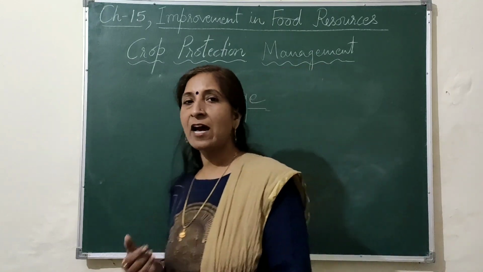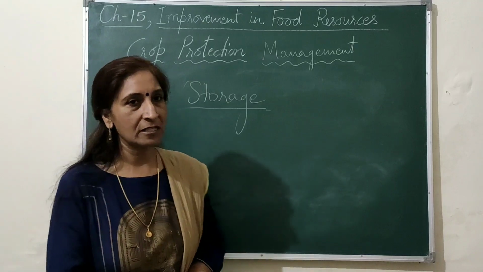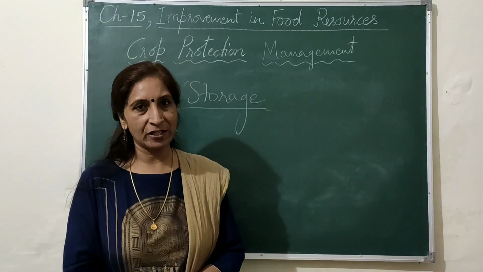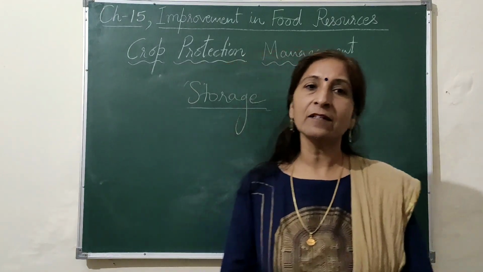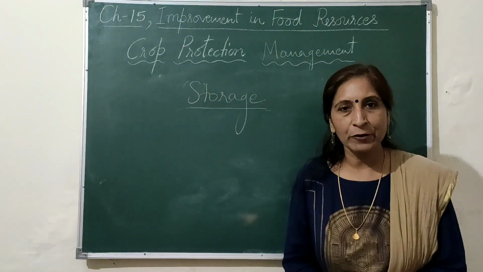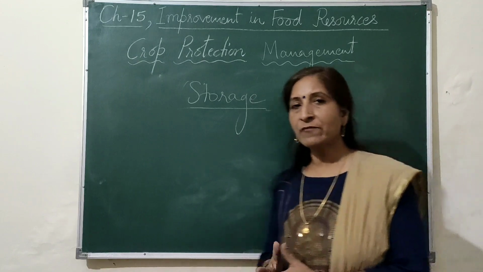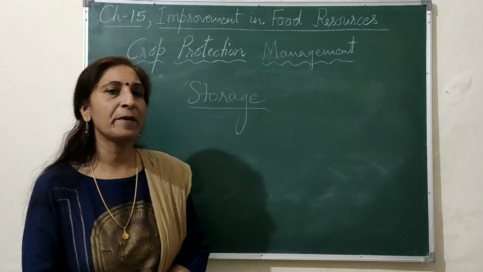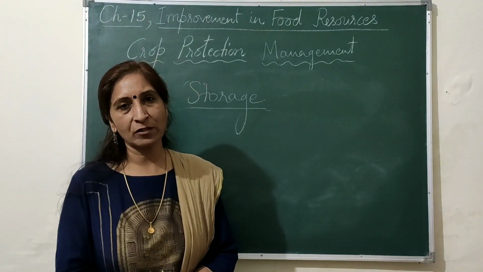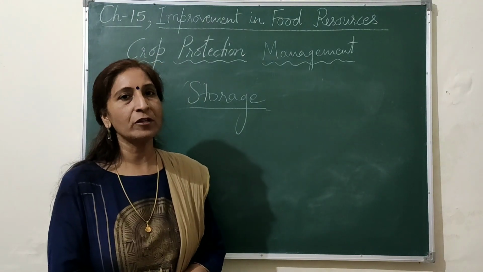That is why grains are first of all dried properly in the sun to reduce their moisture content. With more moisture in the grains, they will be easily attacked by the insects and microbes. In case of fruits and vegetables which have a lot of moisture, temperature has to be made very low in the storage houses. So these are kept in cold storages.